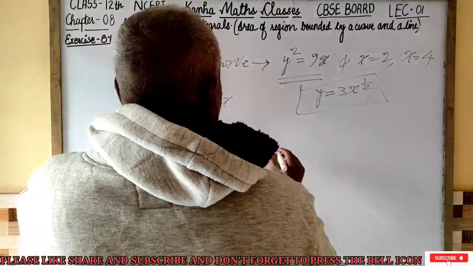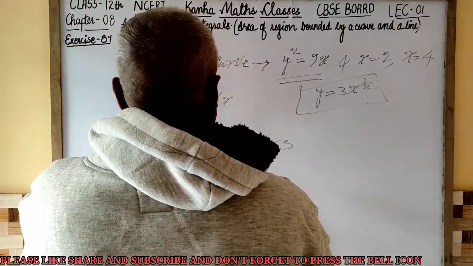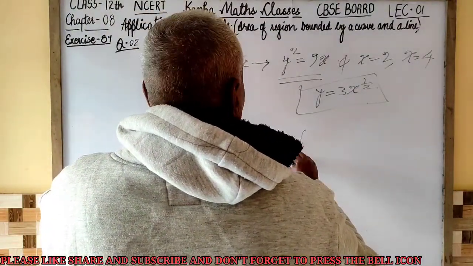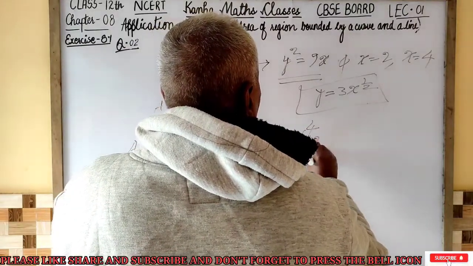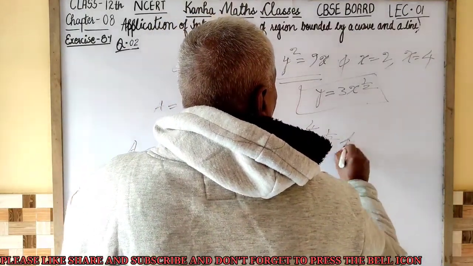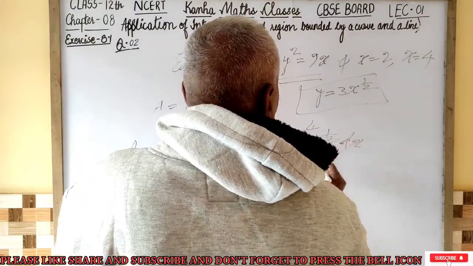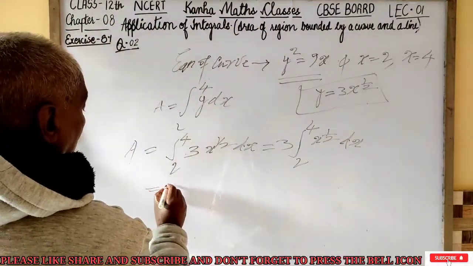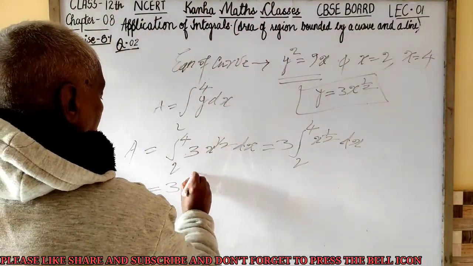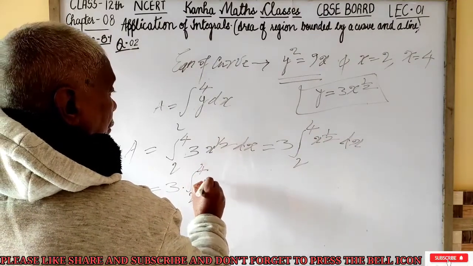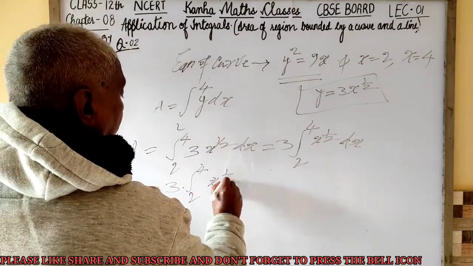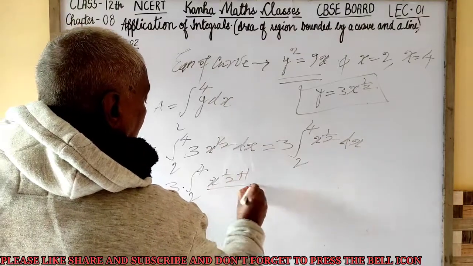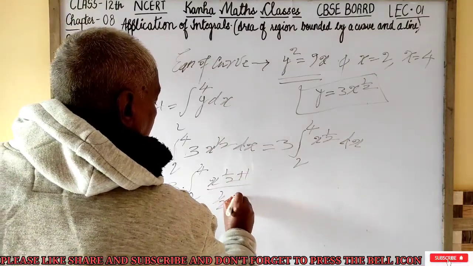We take 3 common: 3 times the integral from 2 to 4 of x to the power 1/2 dx, which is 3 times x to the power 1/2 plus 1 upon 1/2 plus 1.